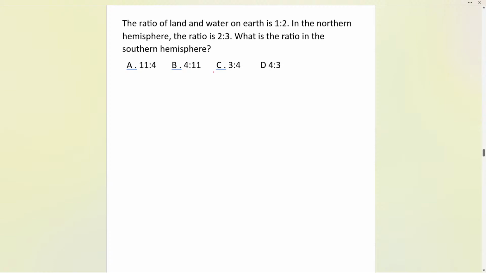1 minute to go. Keep the spirit high. Doesn't matter whether you're getting the correct answer or not.